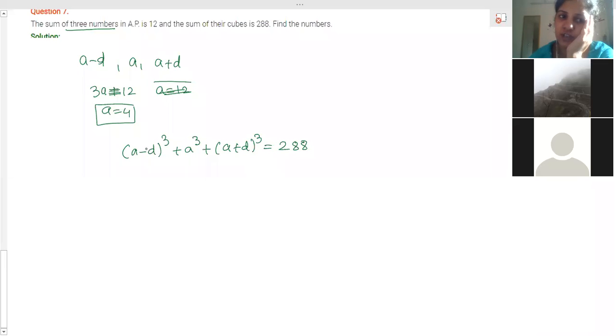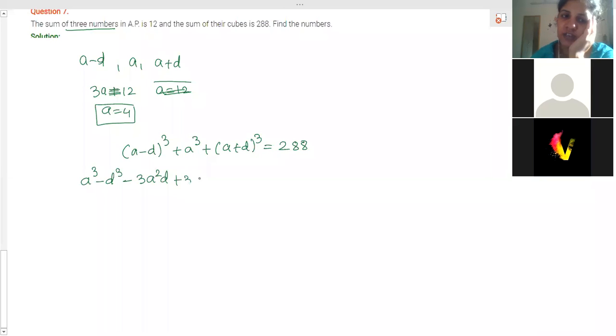A minus D whole cube expansion: A cube minus D cube minus 3A square D plus 3AD square. Then A cube, and then again (A plus D) whole cube: A cube plus D cube plus 3A square D plus 3AD square is equal to 288.